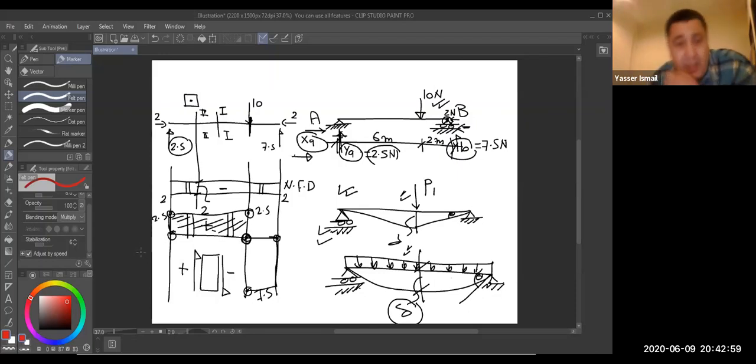If you calculate the areas, the area will give you the moment, but don't confuse yourself right now. We will discuss this slowly in our class. How did you draw the deflected shape?